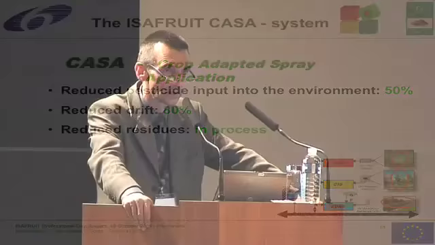And with regard to the residues on the fruit, the work is still in progress, so there is certainly the potential, particularly through the use of the crop identification system, and in part as well also through the crop health sensor, but the figures are still in progress, I would say.